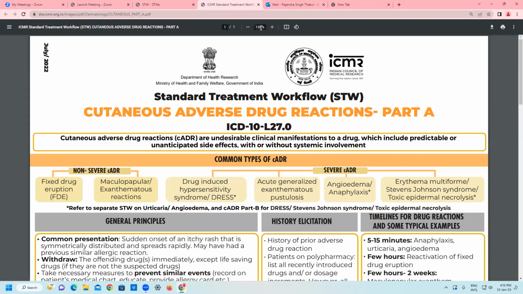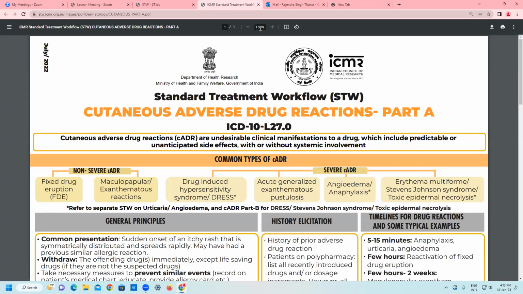Again, I'm emphasizing one more important thing. Suppose somebody is receiving ATT with 4 drugs, and there is a cutaneous adverse drug reaction. Not necessarily all 4 drugs will be responsible. And obviously, you have to give ATT. This is one condition where you have to continue treatment.